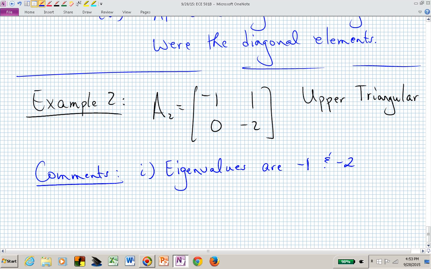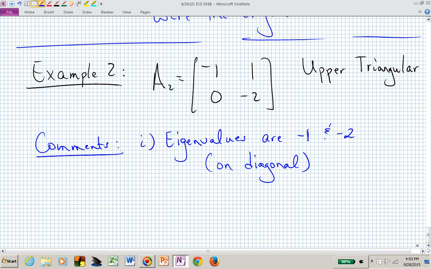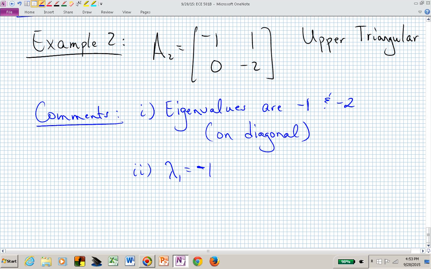It's different. Eigenvalues are minus 1 and minus 2. They're still on the diagonal. I could label one of the eigenvalues, lambda sub 1, as minus 1.